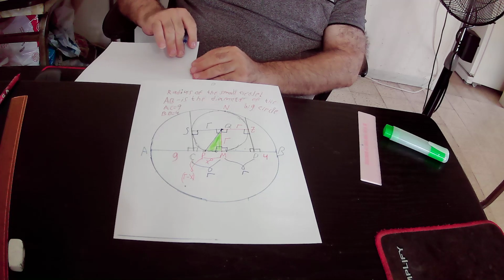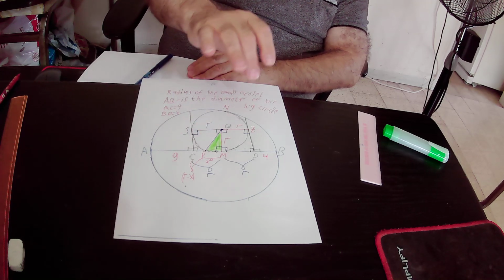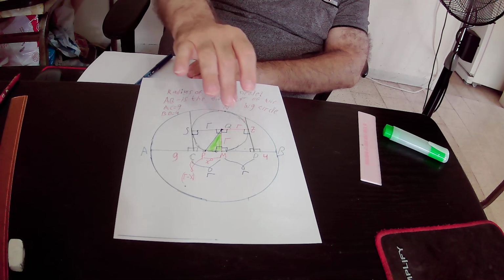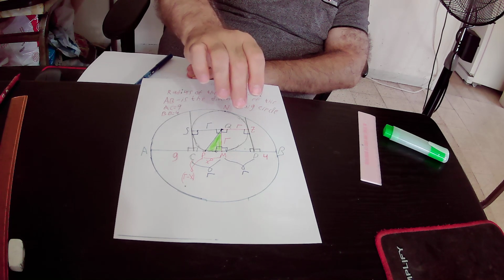According to the Pythagorean theorem, the square of the hypotenuse equals the sum of the squares of the perpendiculars. Again, the square of the hypotenuse equals the sum of the squares of the perpendiculars.